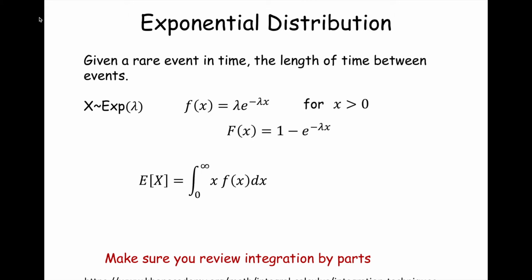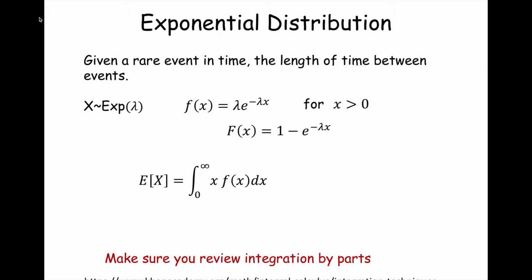And so here, our f of x, our density for the exponential distribution, is 0 for all values of x that are less than or equal to 0. So again, we can rewrite this expression taking that into account, and we have the integral from 0 to infinity of x times our density function f of x dx.